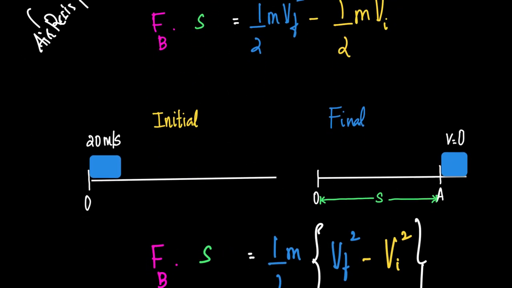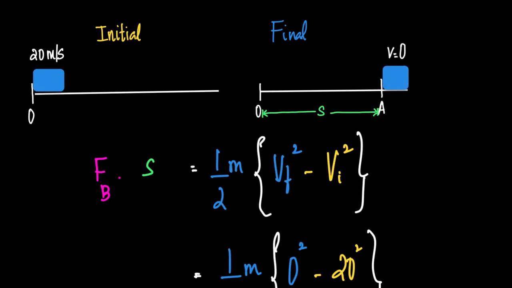Now, if we evaluate the two conditions, the initial condition being velocity of 20 meters per second and the final condition the velocity being zero, the bus coming to rest.